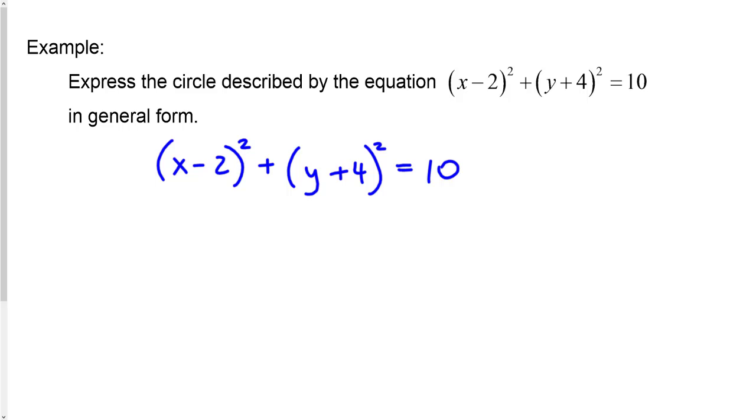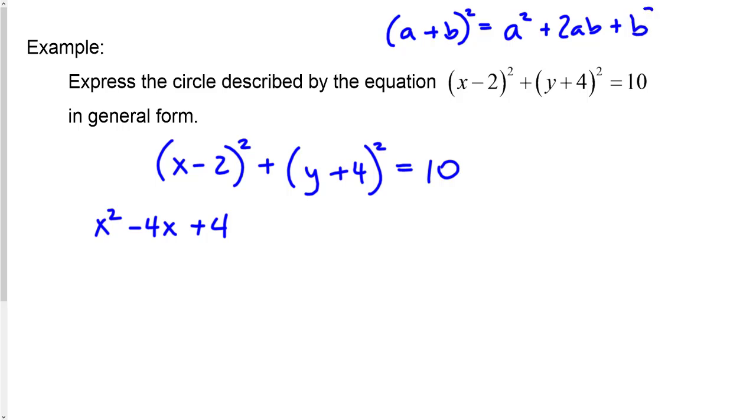So for instance, if I have x minus 2 quantity squared, then that can work out to x squared minus 4x plus 4. And if you're not exactly sure how I did that, recall that when you have a plus b quantity squared, that results in a squared plus 2ab plus b squared.